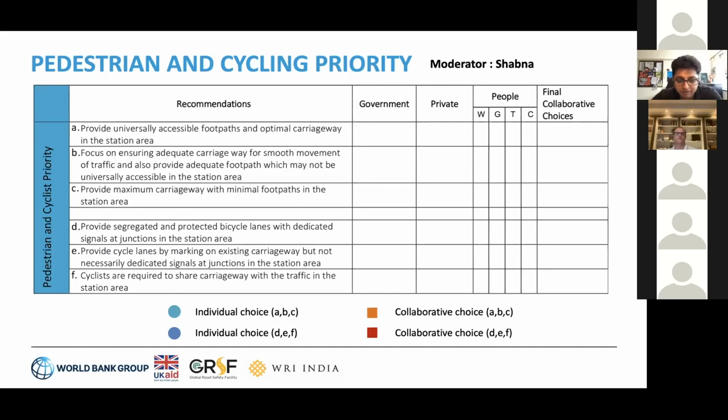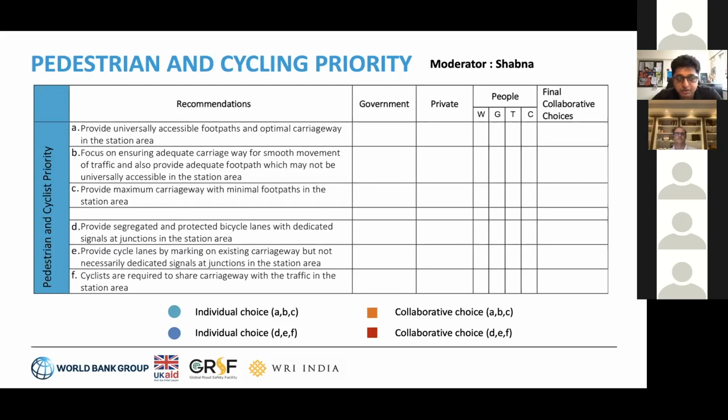This might work efficiently in a lot of European and American contexts, because people tend to use them as per the norms. But in developing countries in Asia and India, a lot of times, because of the crunch of space, the motorists often tend to ride onto these marked lanes as well.